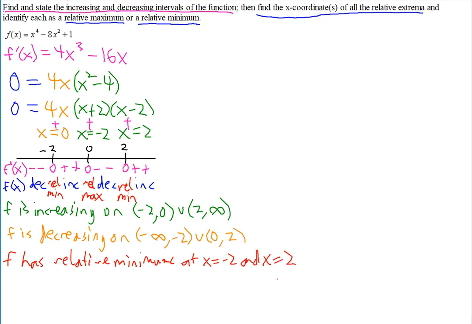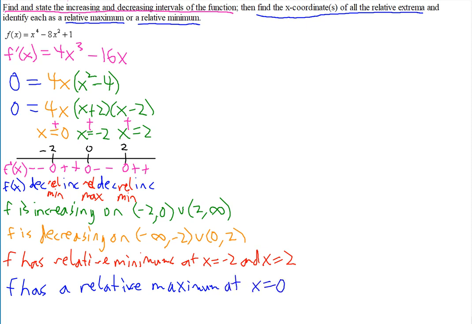Or in this case, you could say plus or minus 2 since they're just the opposite of each other. And f has a relative maximum at x equals 0.